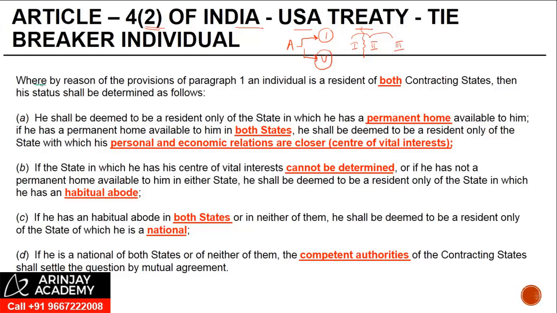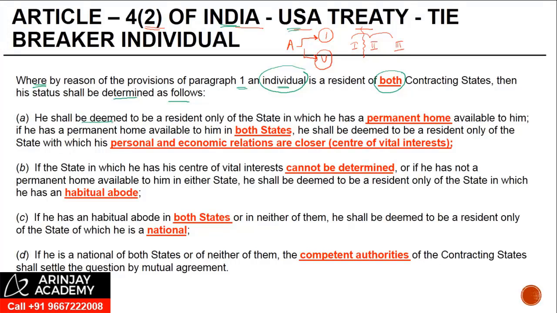where by reason of the provisions of paragraph 1, what we just discussed, an individual, and we're just dealing with the case of an individual here, is a resident of both contracting states. So let's say in this particular case, India and USA, then his status shall be determined as follows. Basically, we are going to apply all of them in this particular order to see which state this individual should be a resident of.